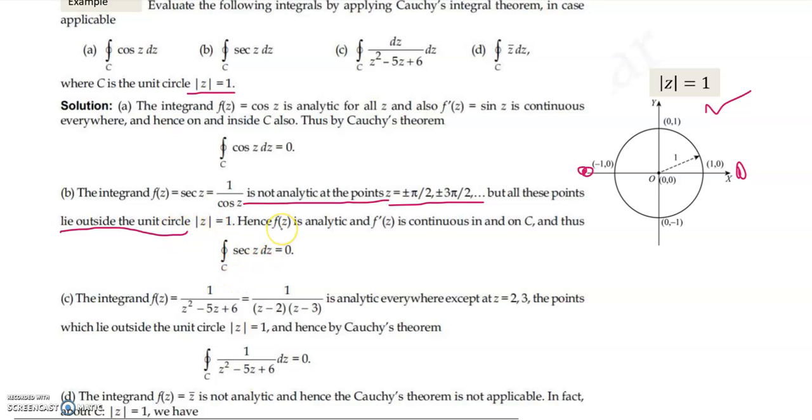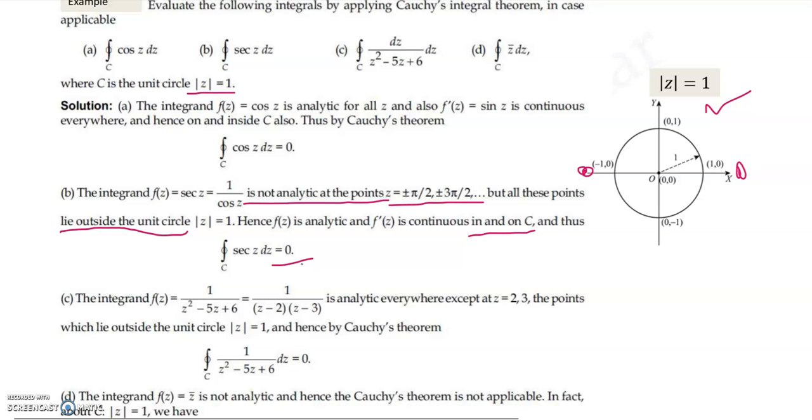Because we are calculating for the unit circle only, f of z is analytic and f dash is continuous in and on C. That's why we can write integral over C secant z dz equal to 0 by Cauchy's integral theorem.